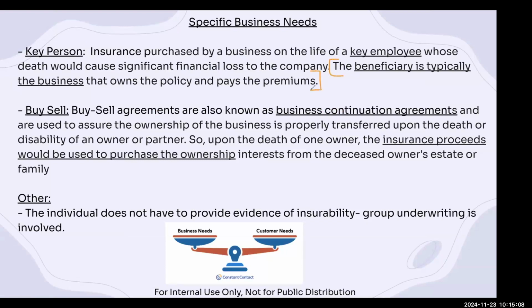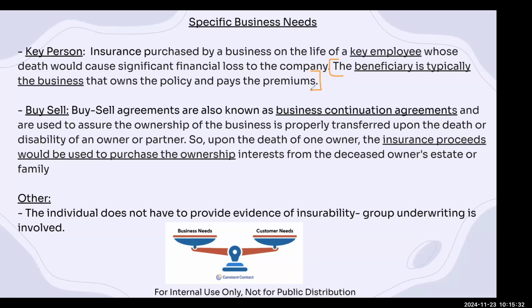So the business is at a loss if the key employee passes away. They would be able to receive the death benefits that would pay for a replacement, or any training that's involved for recruiting a new individual.